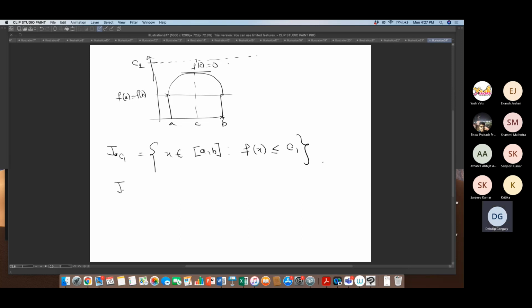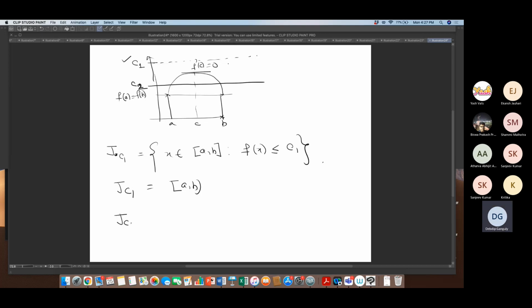So what is J of C1, for this C1? If I choose C1 to be like here, it is all of [a, b]. Very good. Now let us take C2.